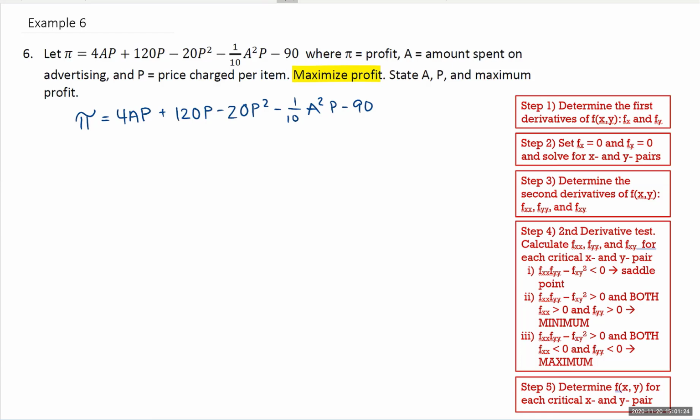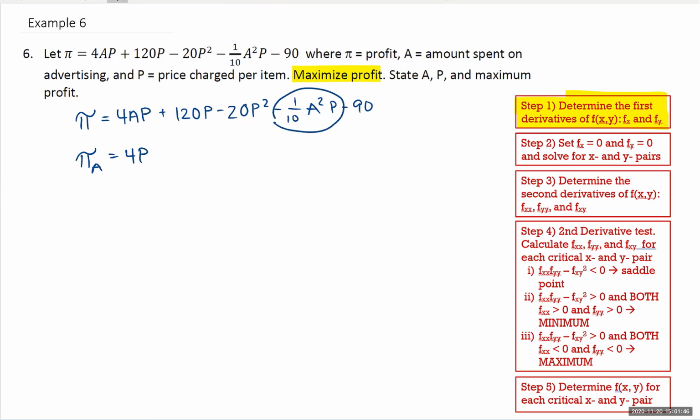Now I'm going to do my step 1. I'm going to determine the first derivatives of this. So the profit derivative with respect to A. The first term here, the derivative is going to be 4P. The second term and the third term, there are no A values, so the derivatives would be 0.